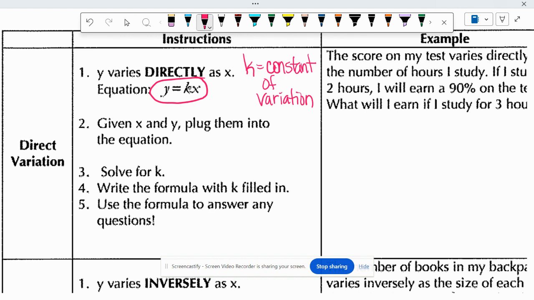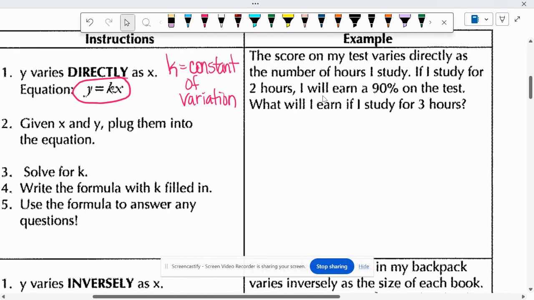K is much like slope. Okay. So if you're given an X and a Y, you plug them in and solve for K. You always have to figure out K first. Then you write the formula with the K filled in and plug in the X or the Y again and solve. So it's kind of like setting up a system.